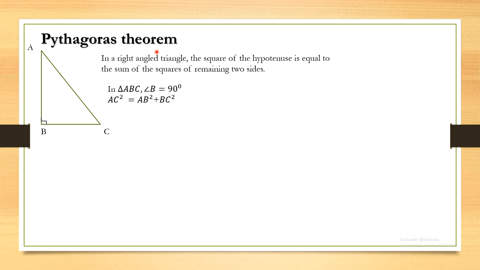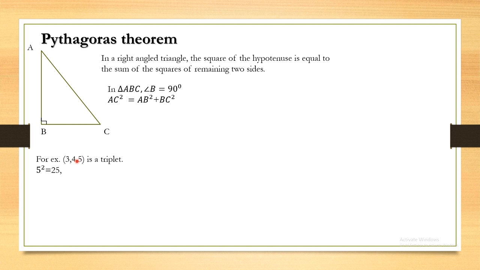But first of all, let's recall some knowledge: if an example is given, we have to show whether it is a Pythagorean triplet or not. The sides of the triangle are given, and we have to verify that this is a Pythagorean triplet. Here the largest number is 5, so 5 square is equal to 25.